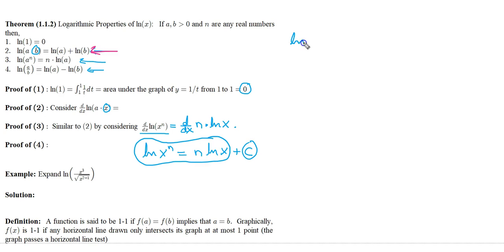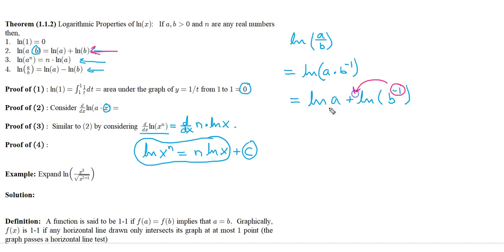If we consider the ln of a over b, well, we can just rewrite that as, so I just rewrote the fraction as a times b to the negative 1 power, and then we can invoke part 2 and say that this is equal to, and then we can just drop this negative 1 down in front of the ln by property number 3. And we get that result right there. So that proves number 4.